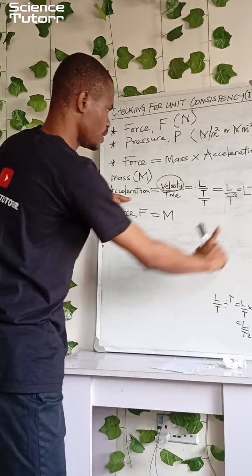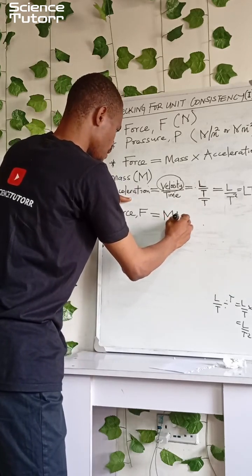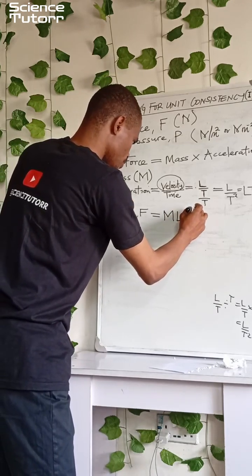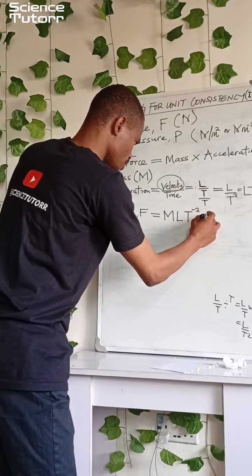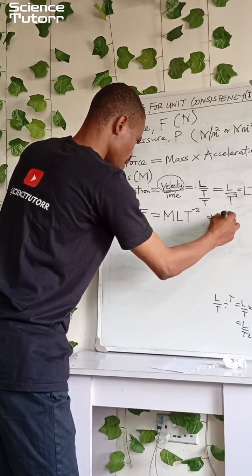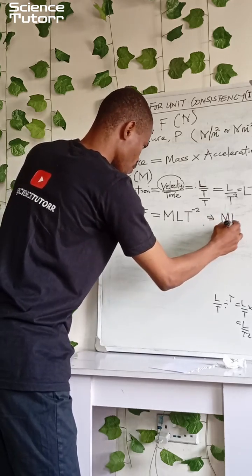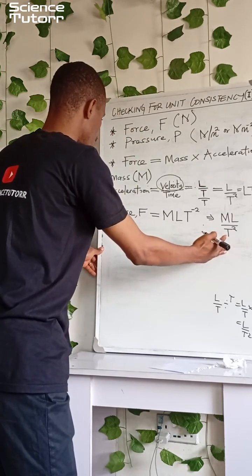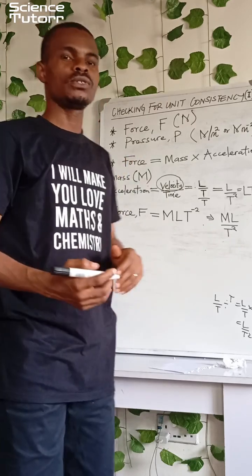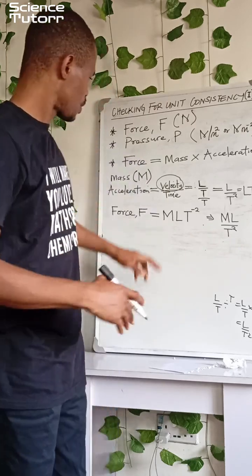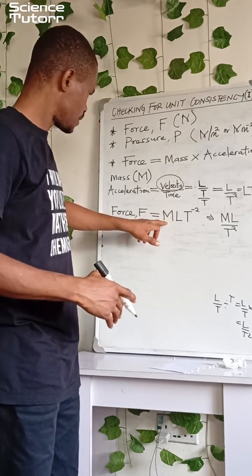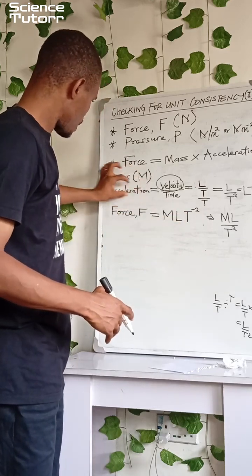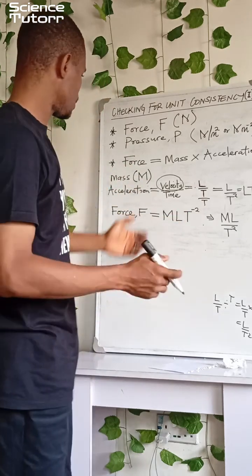And acceleration, we have obtained as L T minus 2, which in most cases we can still take as M L over T squared. So this is how we write force in terms of dimensional analysis, where M represents the mass, and L T raised to power minus 2 represents acceleration. So this is for force.